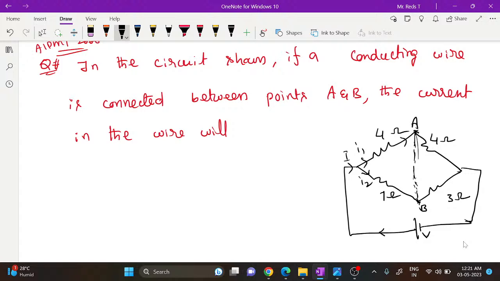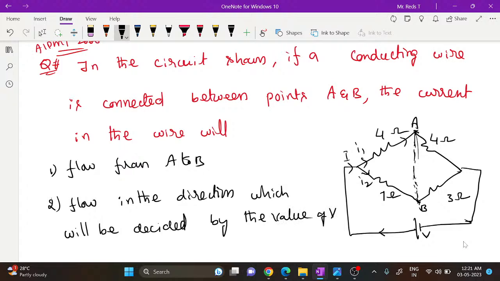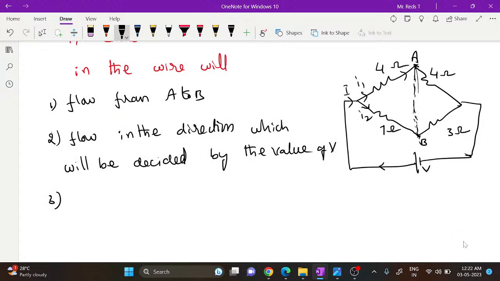So, now this is the diagram. The options are given. The first option: current in the wire will flow from A to B. The second option: it will flow in a direction which will be decided by the value of V. The third option says the current in the wire will be zero.